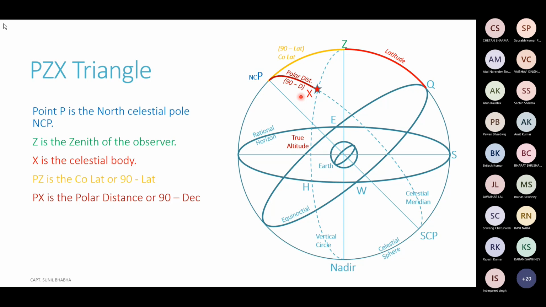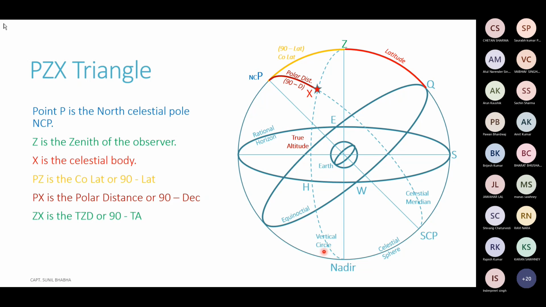So this is the PX side of our PZX triangle. Two sides of the triangle are understood. Now let's move on to the third side. The third side of the PZX triangle, passing from Z, going up to the X and going up to the nadir, is the vertical circle passing from the body.